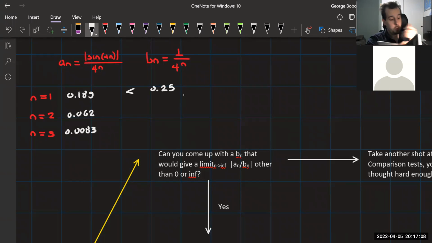When n is equal to 2, that's going to be 1/16, or 0.0625. Still bigger. When n is equal to 3, 1 over 4 cubed, 0.0156. Do you see that we're consistently bigger?